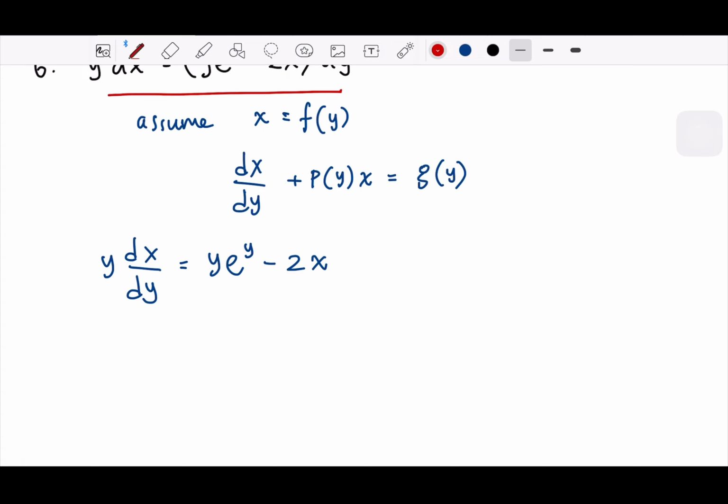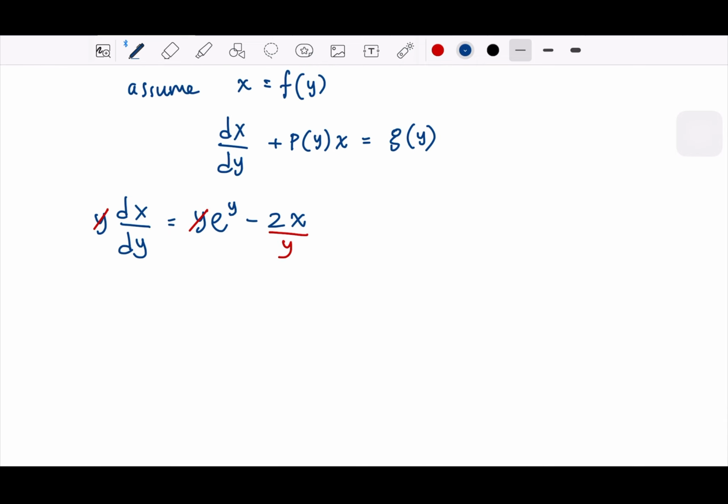Canceling this and making this over y, now it becomes plus 2 over y times x equals e to the power of y. Now we have the same structure as the linear differential equation as usual, but we switch x and y. So x is the dependent variable and y is the independent variable.